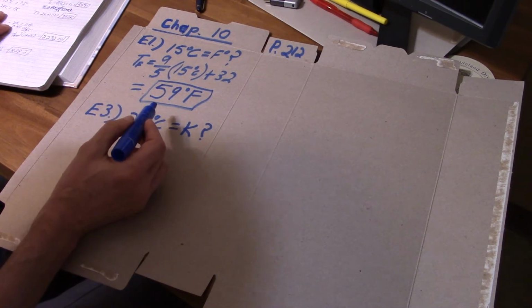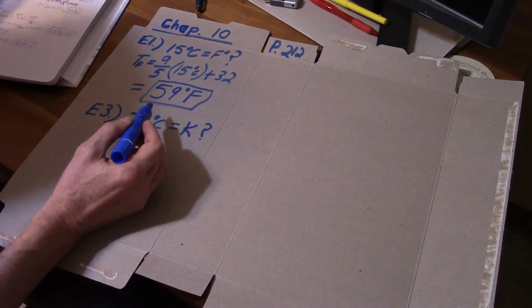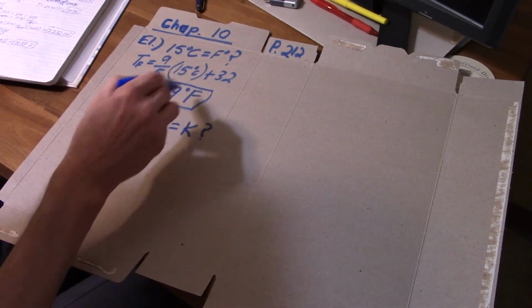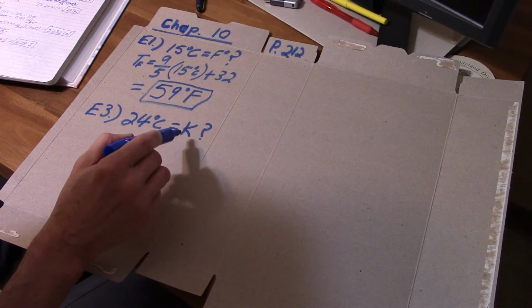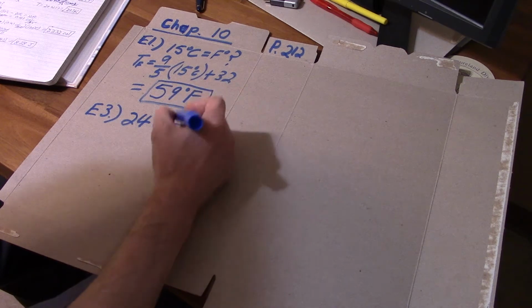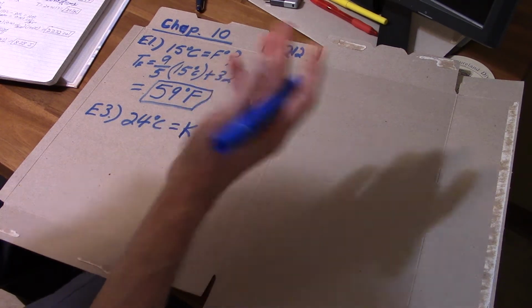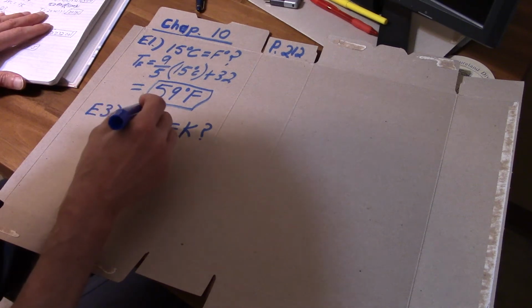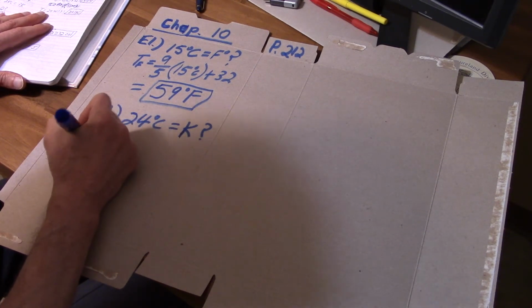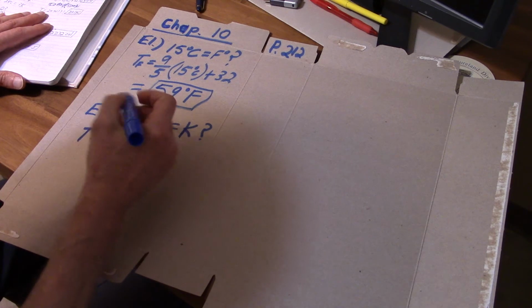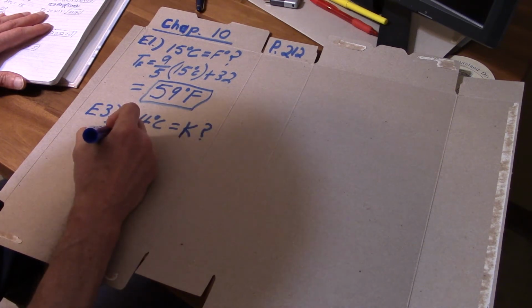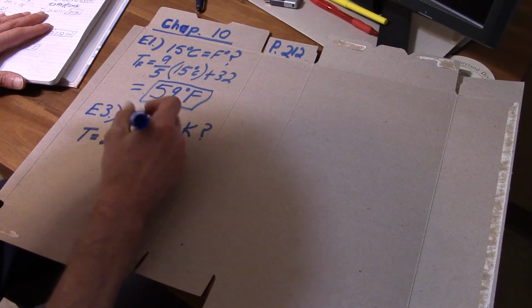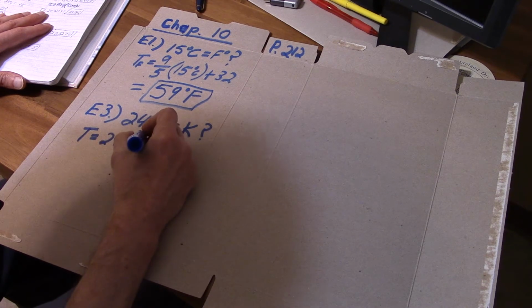You will for Celsius or Fahrenheit, you put the little degree sign, but for Kelvin, you don't. It's just the way it is. You just say Kelvin. So the temperature here would be 24 plus 273.